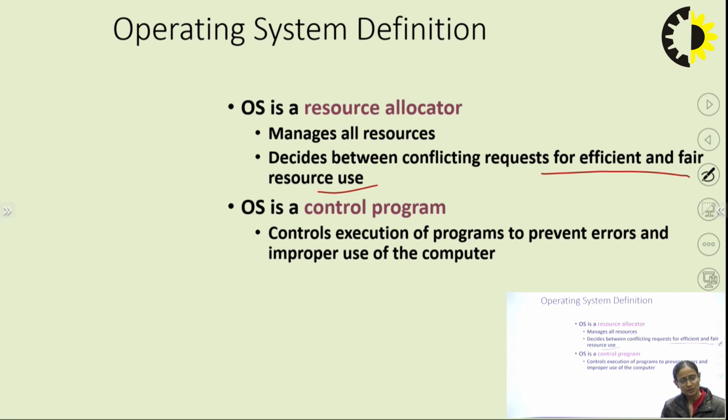It means controlling the execution of programs to prevent errors and improper use of the computer. If some error comes in the system, then it will look after those errors. And if an illegal program is trying to access your system resources, then the OS will act accordingly.